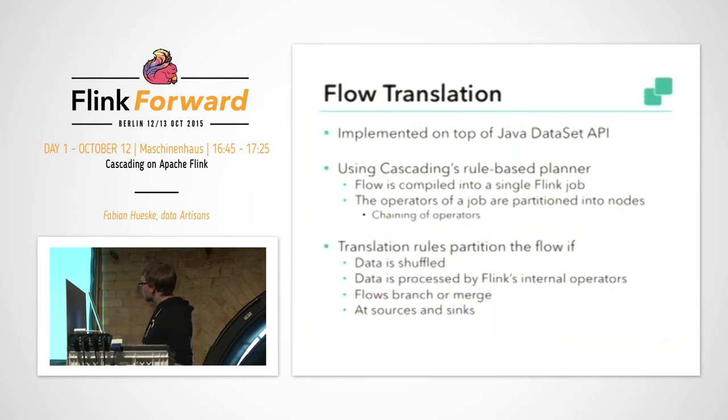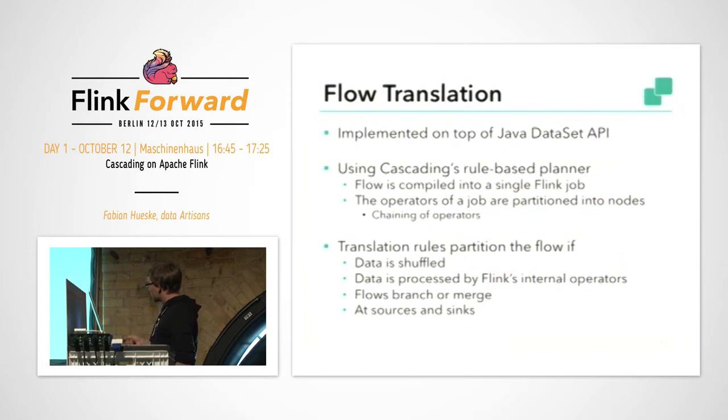The operators within the Cascading flow are grouped together into so-called nodes. The reason for that is that very efficient pipelining can happen within the operators within one node, so they don't need to switch a context here.